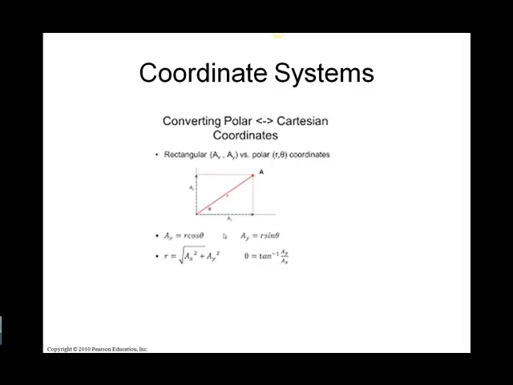So tan of this angle here is going to give me y over x. And so if I want the angle, I have to take the inverse tan of ay over ax. If I want to know the hypotenuse, I know that r squared is equal to x squared plus y squared. And so r is equal to the square root of ax squared plus ay squared.